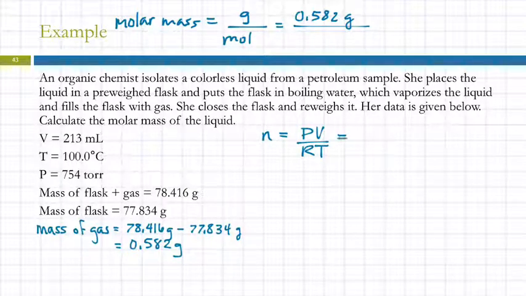So I'm going to start out and, well, none of these units are right, are they? The ideal gas constant has liters, atmospheres, and Kelvin. And so we have to get volume, temperature, and pressure into those units.